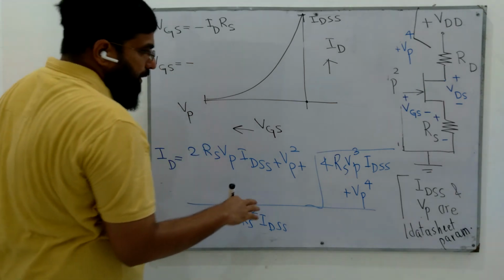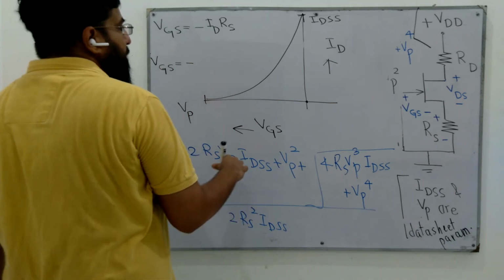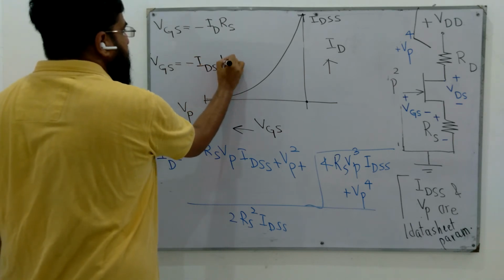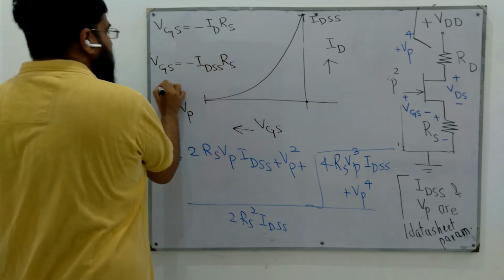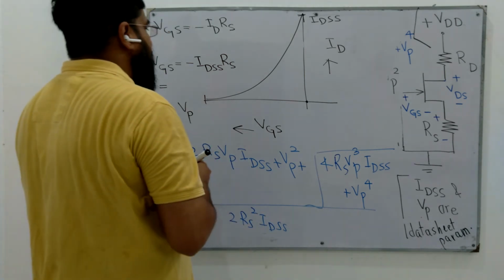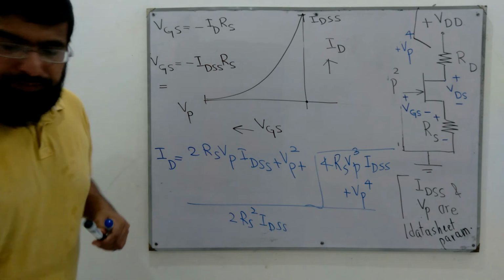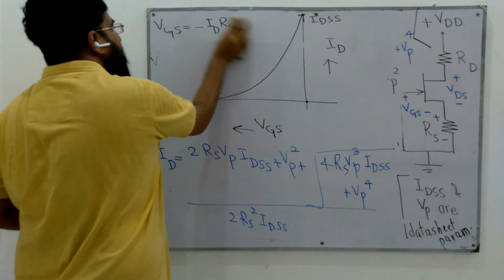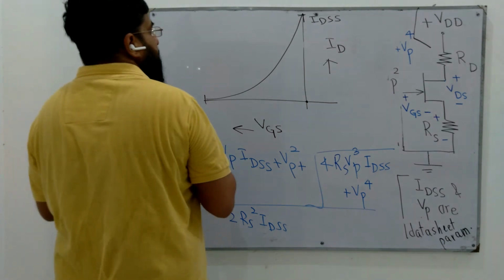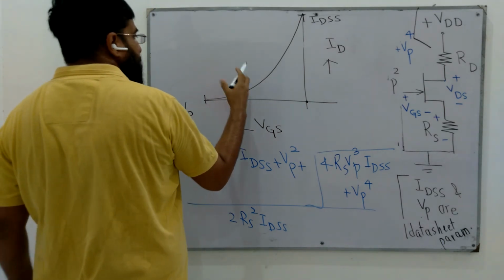It's minus IDRS. The maximum possible current is IDSS. We have this IDSS flowing through RS, so minus IDSS RS. IDSS RS is the voltage.